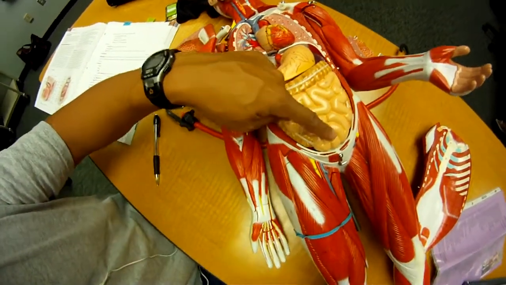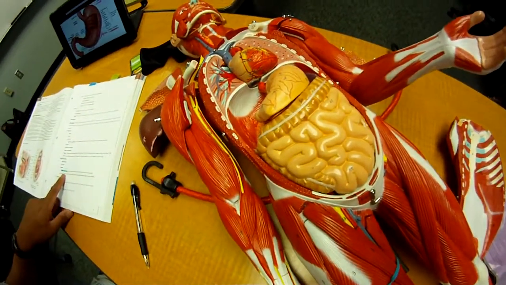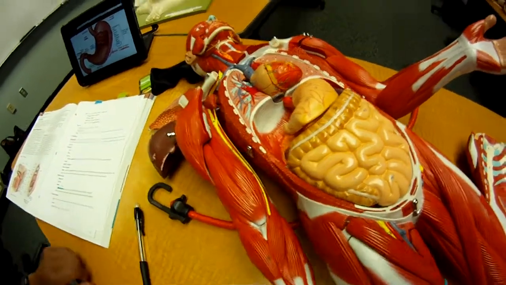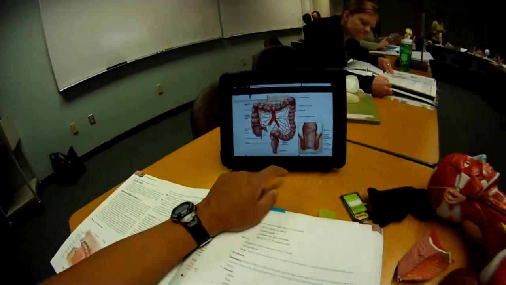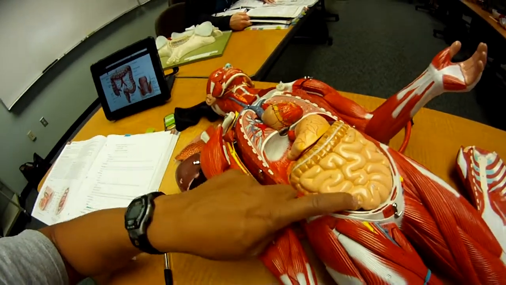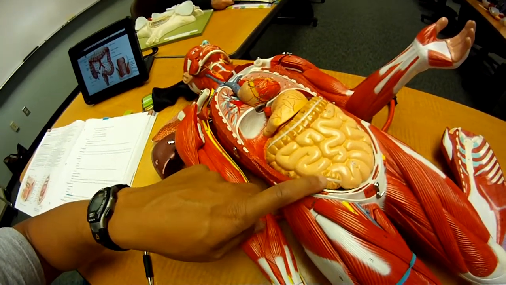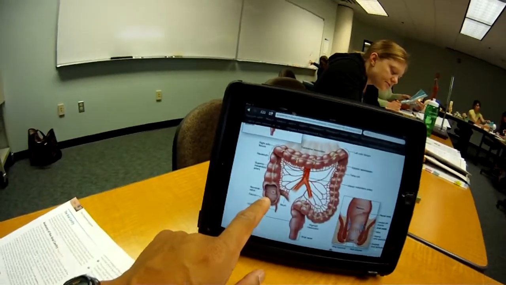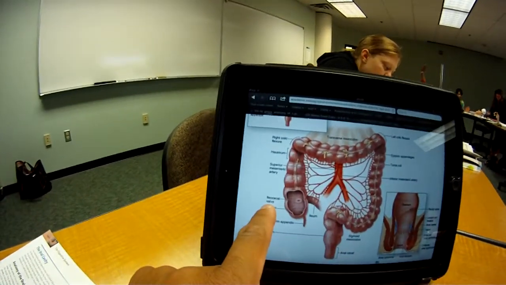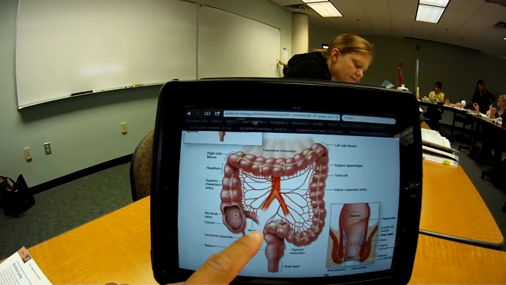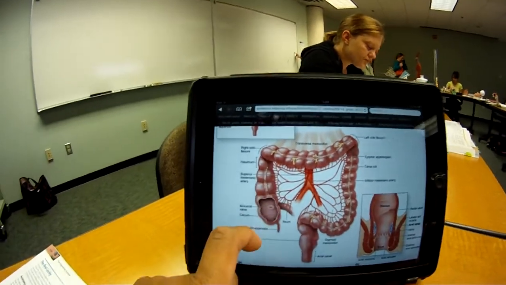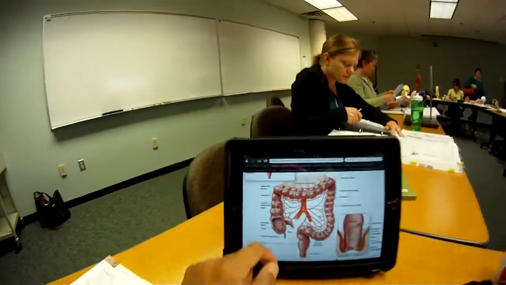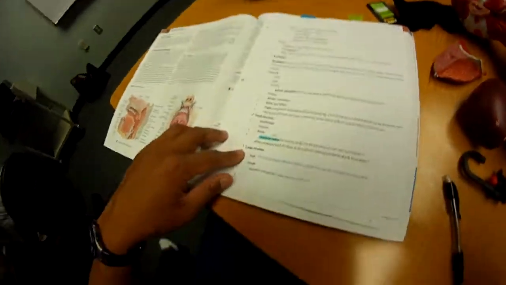The ileocecal valve, you can't see it. It's inside the large intestine, pretty much towards the end of the large intestine. Right here. Here's the ileocecal valve. It's a basic muscle that lets product come into the large intestine.